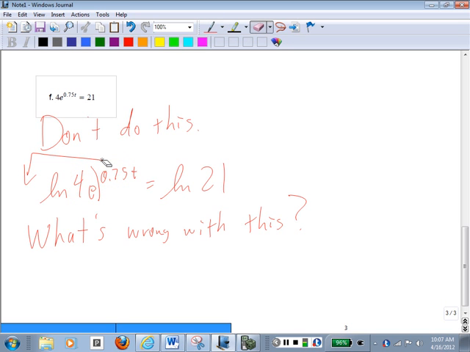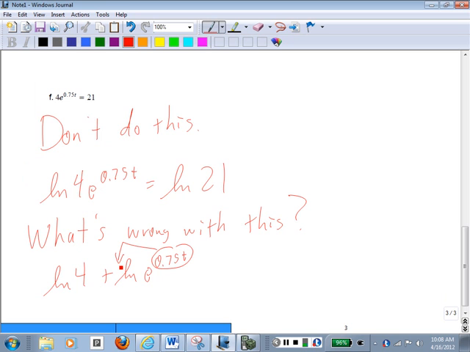This is the log of a product. And the log of a product is equal to the sum of the logs. So instead of taking that 0.75t out in front, it would be correct if I would write this as the natural log of 4 plus the natural log of e to the 0.75t, and then I could take that 0.75t and bring it out in front at that point.